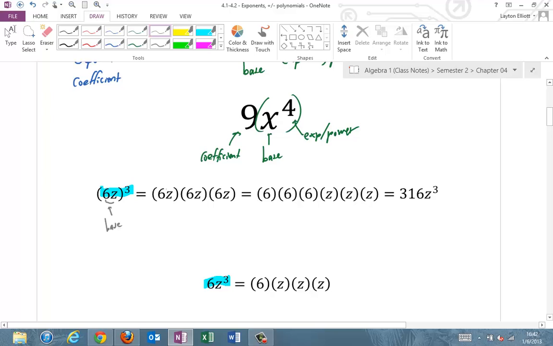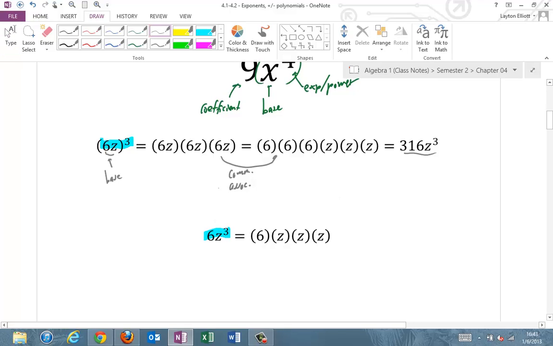So we kind of move it off and say that that's the same thing as 6z, 6z, 6z, which means 6 times 6 times 6. And we can actually prove, going from here to here, that the two properties we're using are the commutative and the associative properties to regroup and reorder the stuff around. 6 times 6 times 6 is 216, z times z times z is z cubed, and we get 216z cubed.